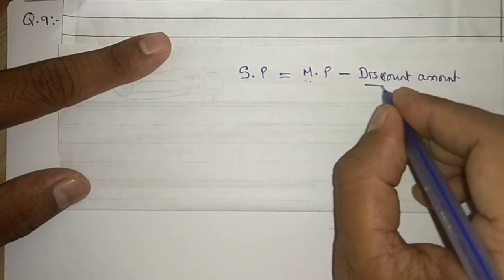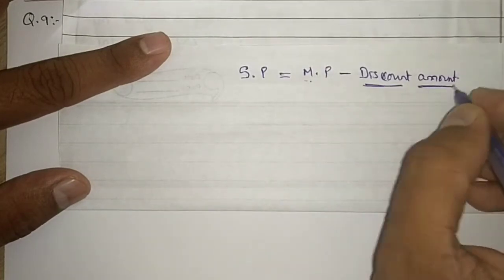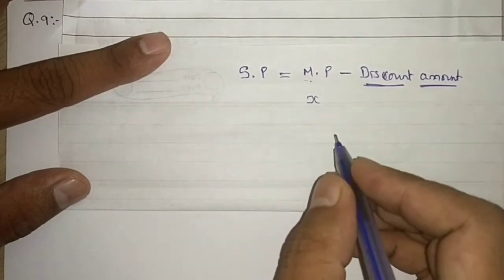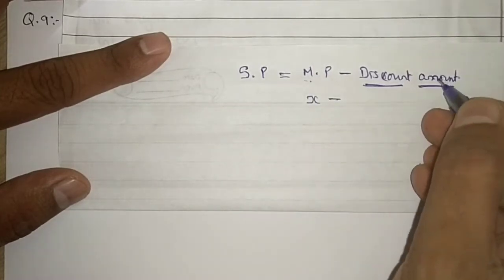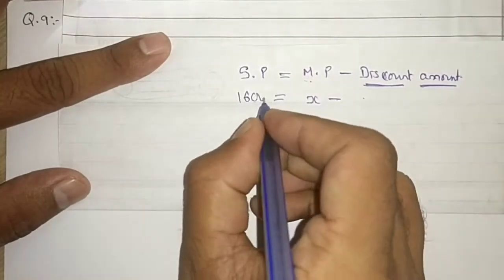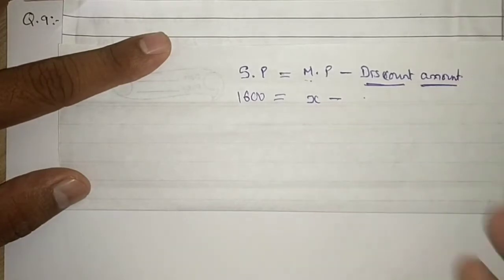So we are supposed to find the discount amount in terms of X, and selling price we already have. That we will equate and solve.